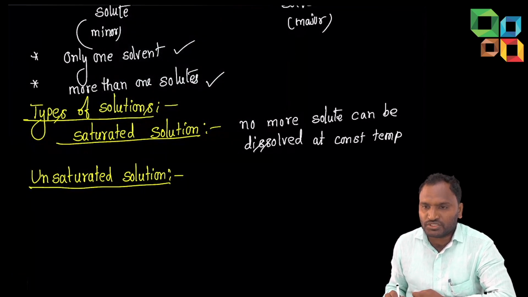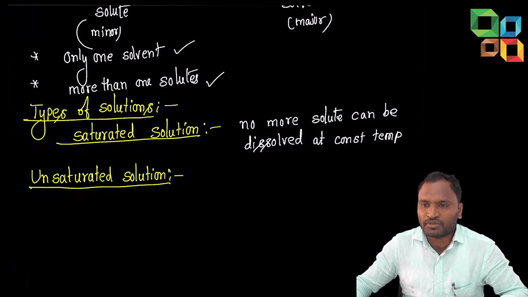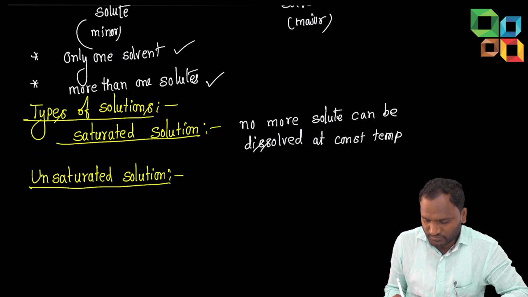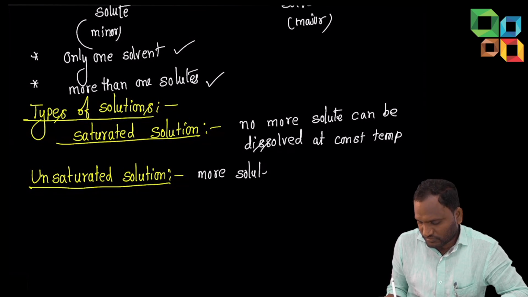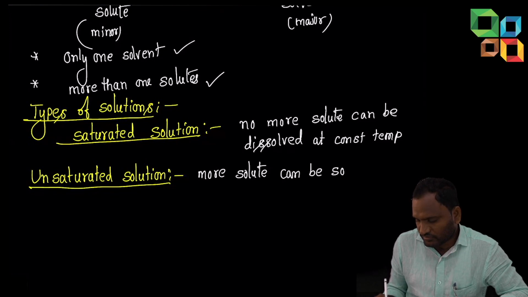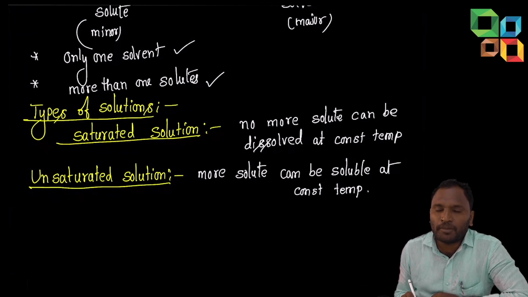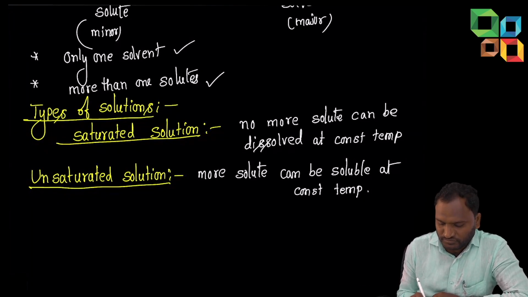Unsaturated solution: a solution in which more solute can dissolve, at constant temperature. Next, one more solution is there, called supersaturated solution.